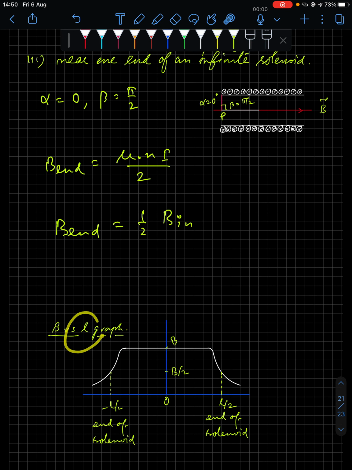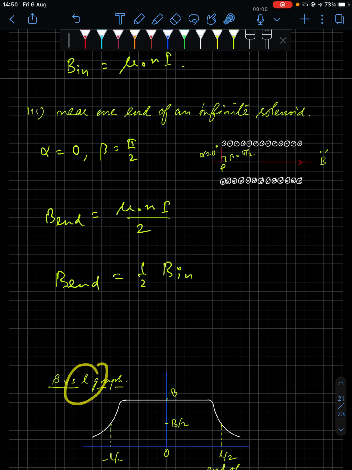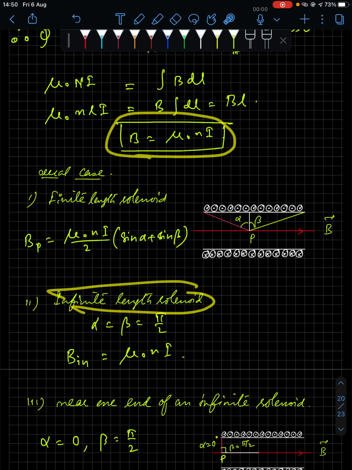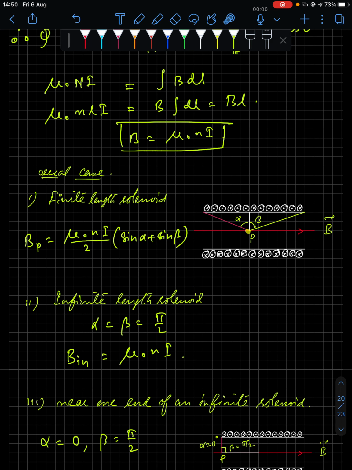Now if you plot a graph between this magnetic field and length of the solenoid. Now in case of a solenoid, we consider this center P, right? In general you will be considering this relation, like the infinite length solenoid will be the general relation. Okay, so this point P is the origin.